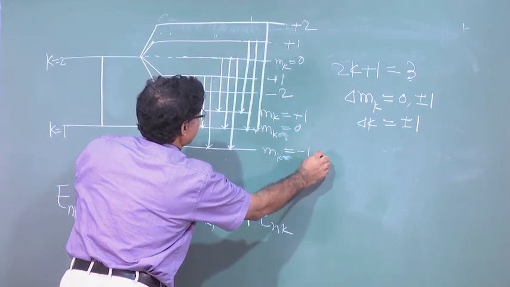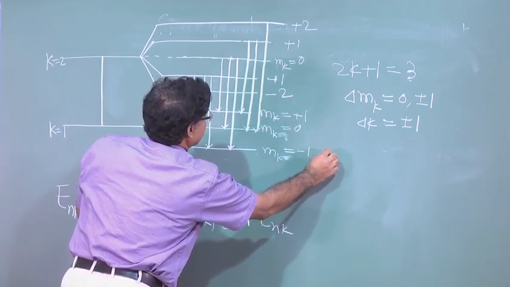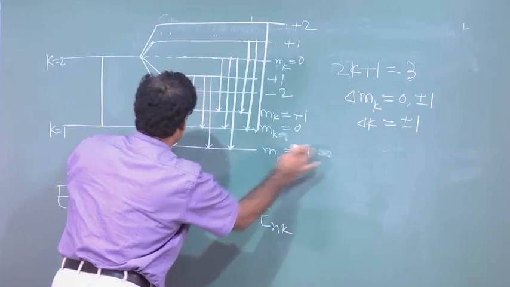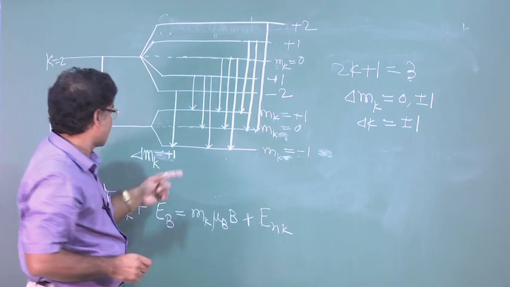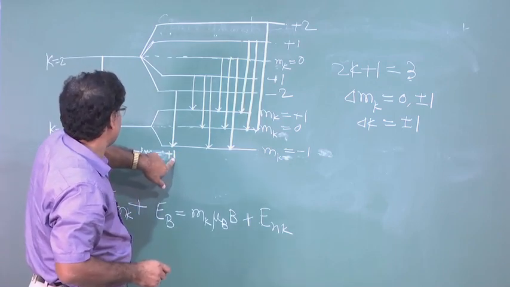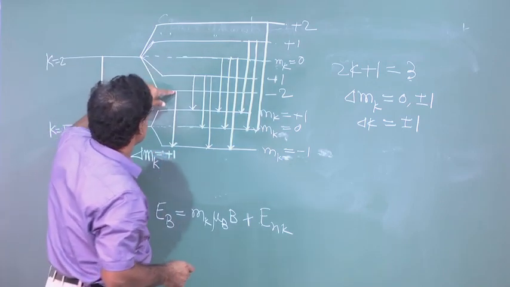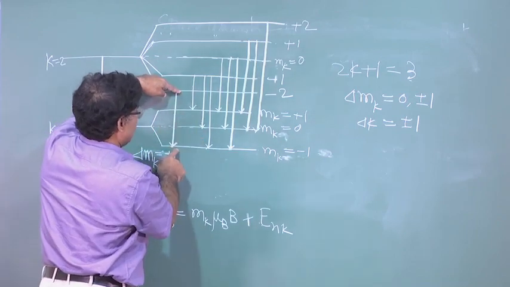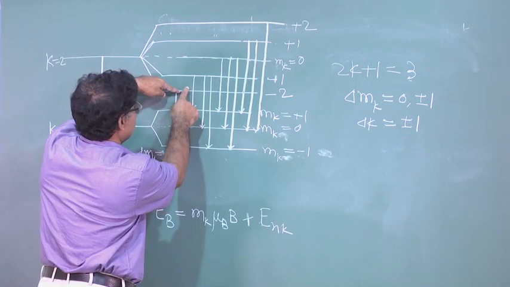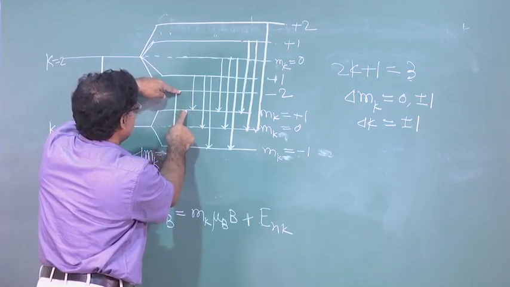Basically, initial to final is plus 2, so the difference is plus 1. So, delta mk is plus 1. This is allowed, and then from here to here it is allowed, from here to here it is not allowed.